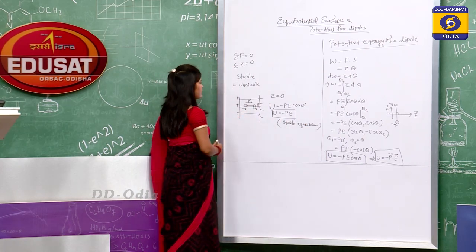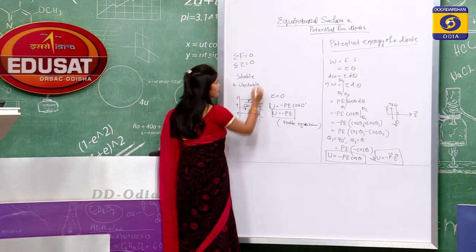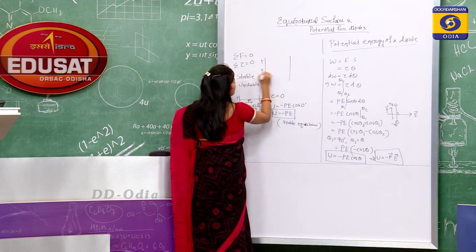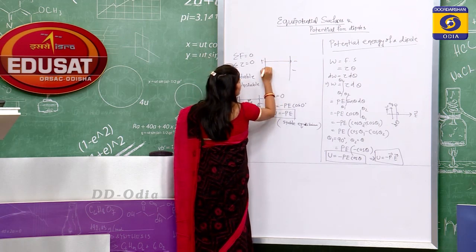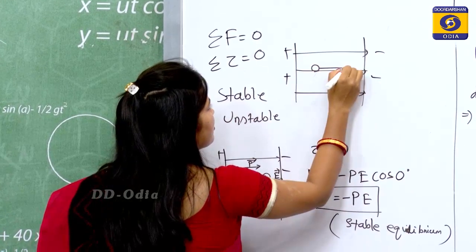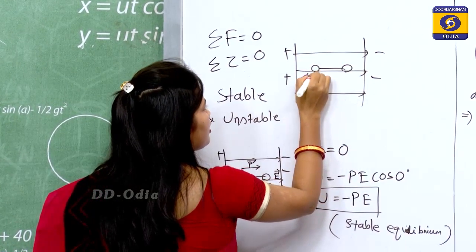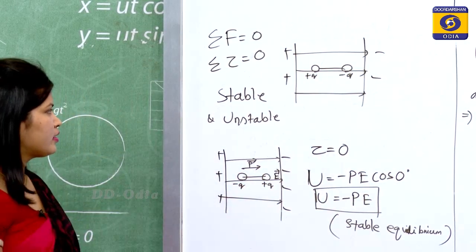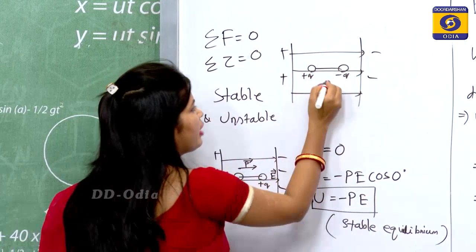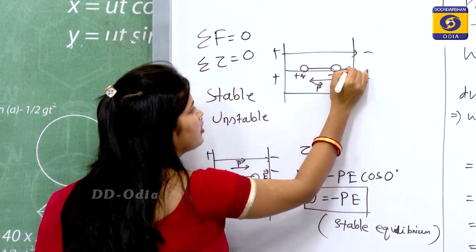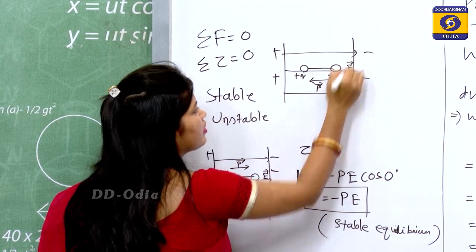Let us see the unstable case. Suppose inside the electric field, the dipole is kept like this. This is plus q and this is minus q. The dipole moment direction is from minus q to plus q, and this is the electric field direction.